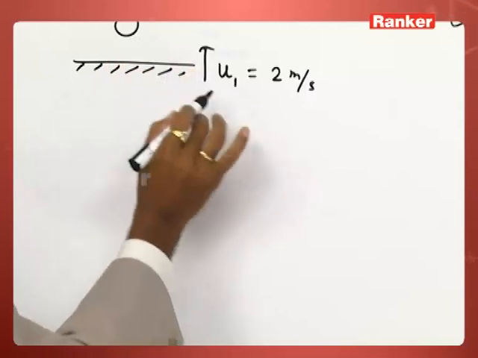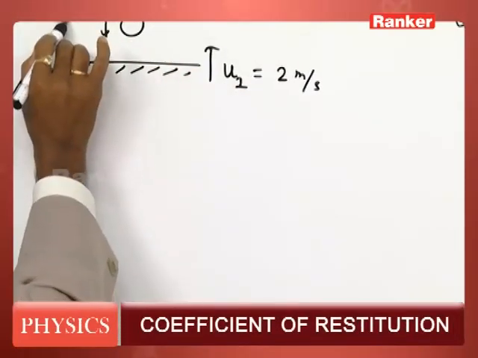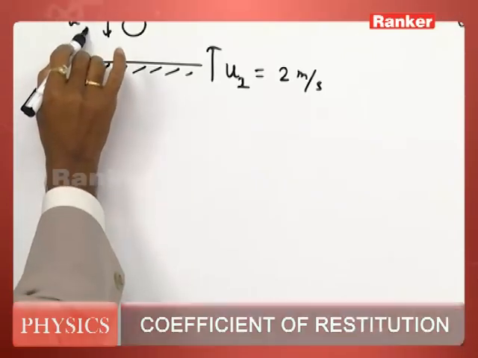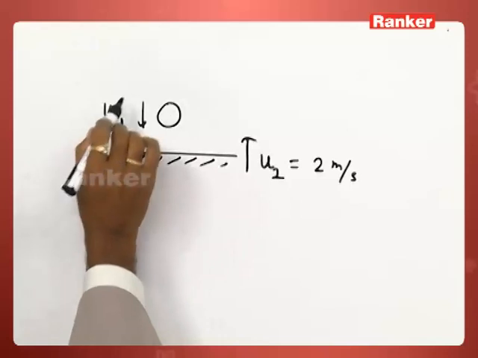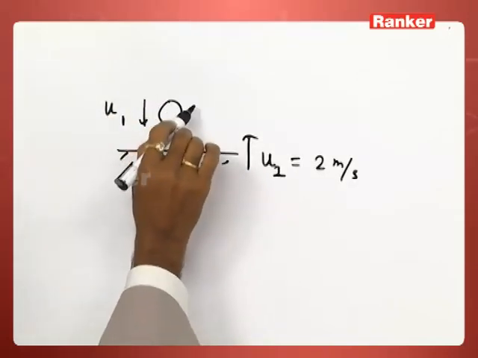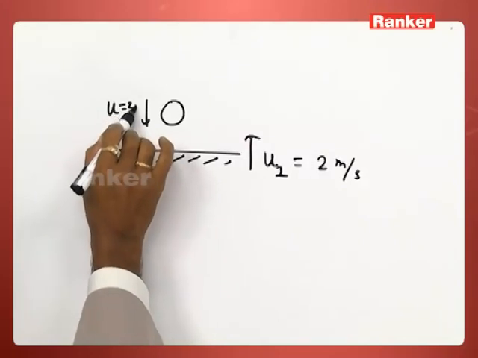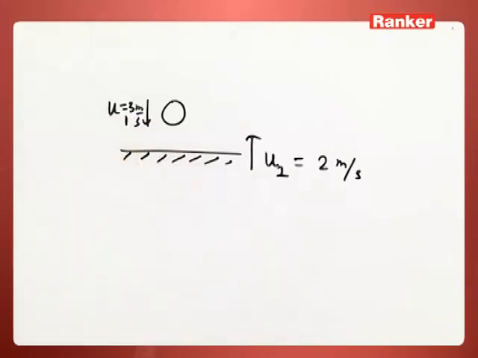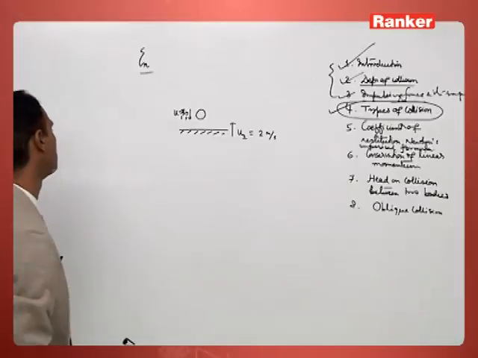Let the ball move with the velocity u2 is equal to, suppose, 3 meters per second down.